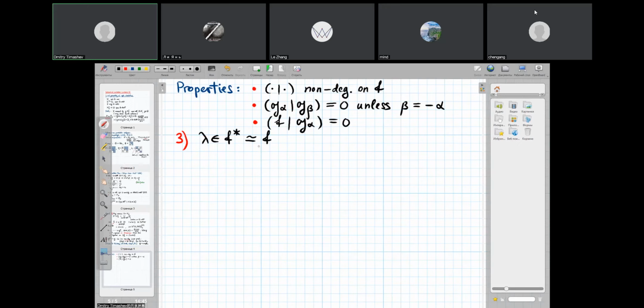Now, the structure of the Lie algebra of the parabolic P, where this small German p denotes the Lie algebra of big P, the Lie algebra of our parabolic, is in fact the following. It is the direct sum of the Lie algebra of T and of those root subspaces G alpha which correspond to the roots whose inner product with lambda is non-negative.